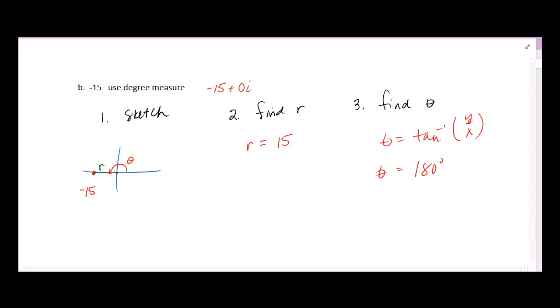To write this in its CIS theta form, or in other words, its polar form, this would look like 15 CIS 180 degrees. And that's the solution to that. And that's how we're going to go from a rectangular or complex form into the polar or trigonometric form.